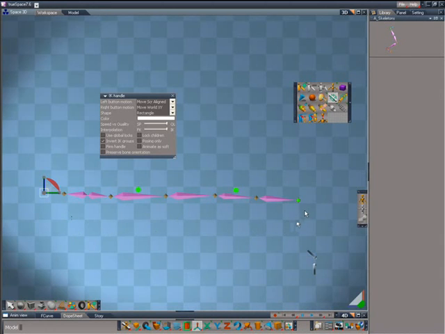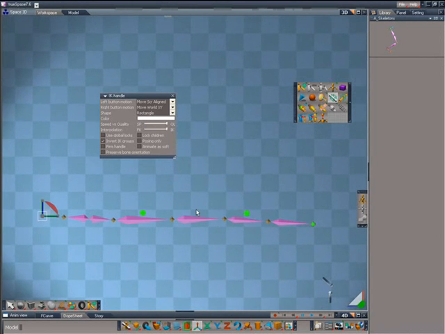Now if we put an IK handle, say at the hip this time, in this case we could have the invert IK groups on and it would give us the opposite behavior. Have a play around. There are endless permutations with this. It's a very useful tool, and it does take a bit of getting used to, but once you've got your head around it, it comes in very handy.